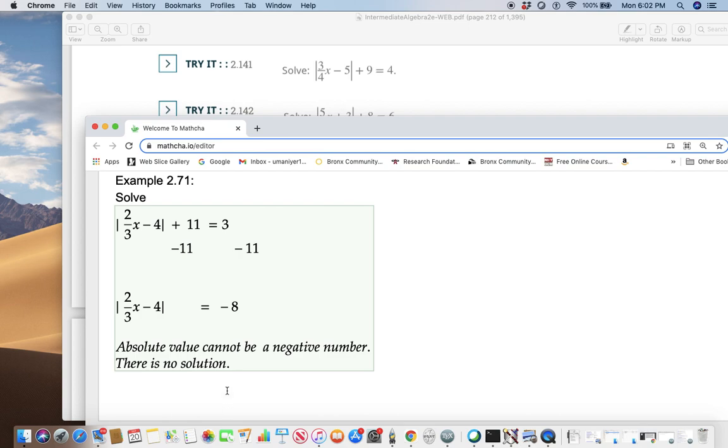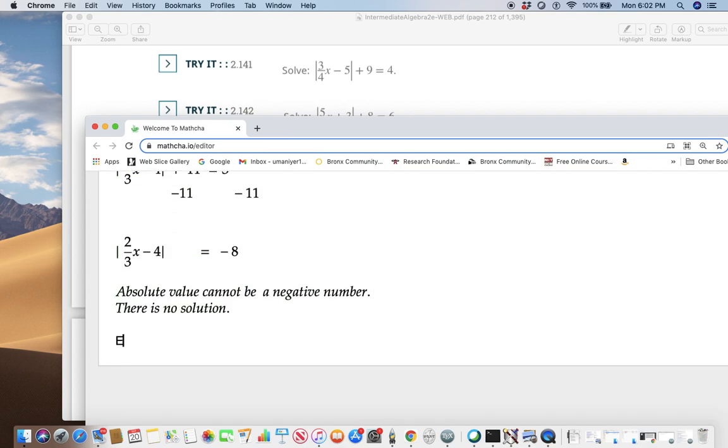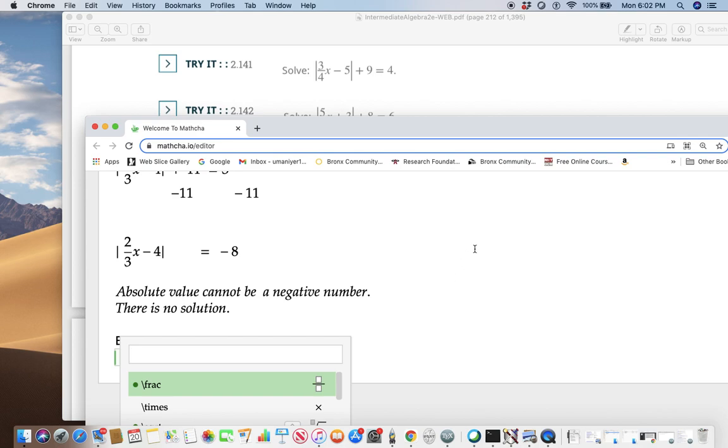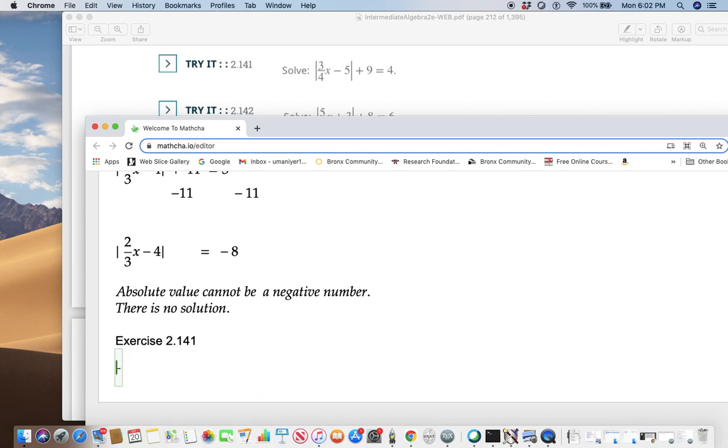Exercise 2.141. Okay, the question is to solve absolute value of 3/4 x minus 5, plus 9 equals 4.